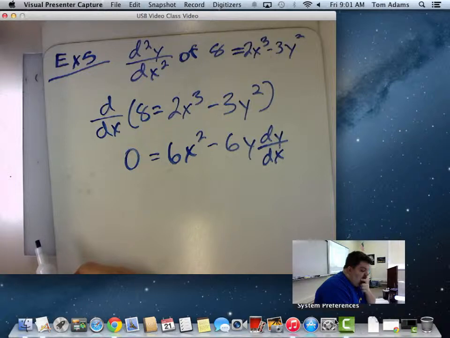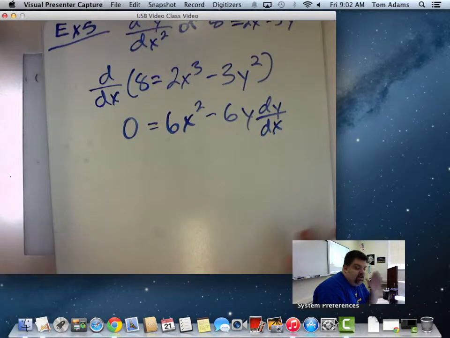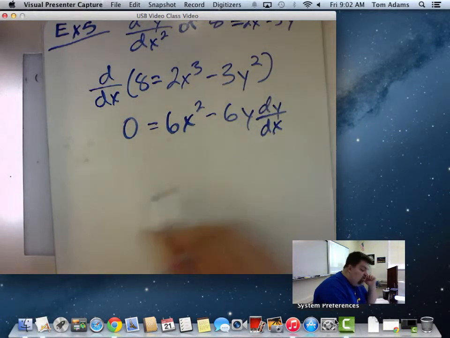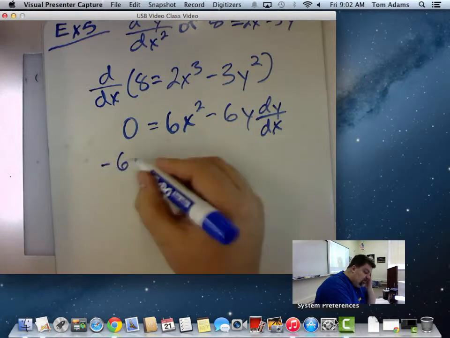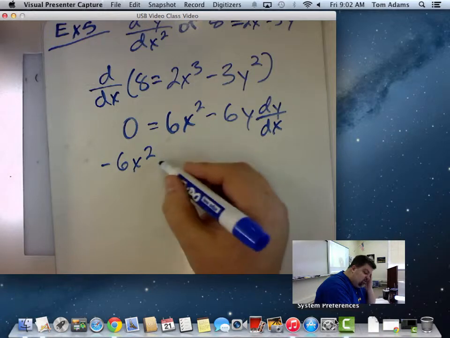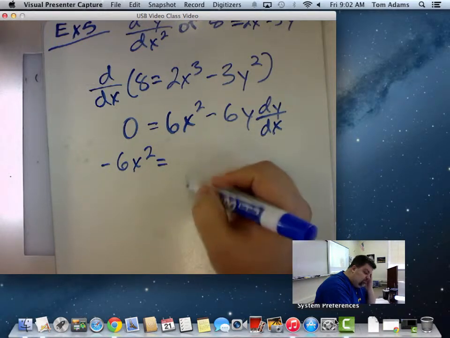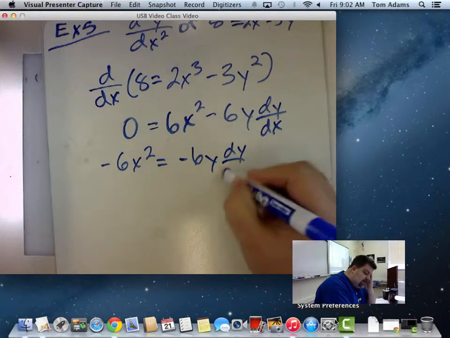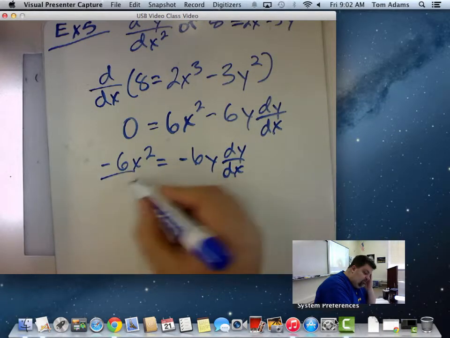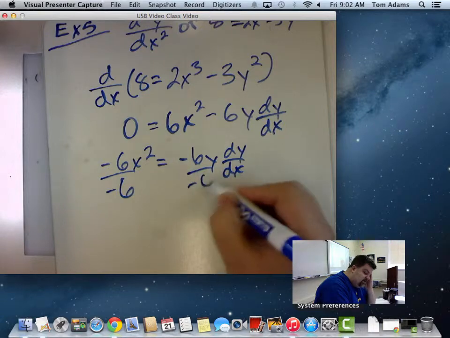All right. So now to differentiate that implicitly, I've got to solve for this dy/dx. So I move this over to the other side, and I get negative 6x squared is equal to negative 6y dy/dx. Divide both sides by negative 6.